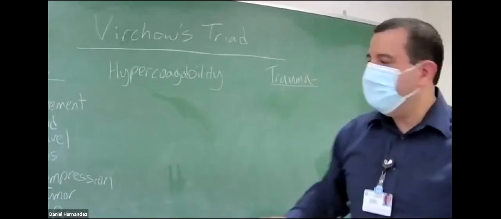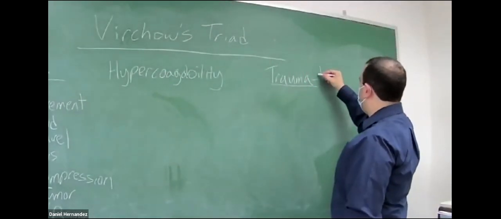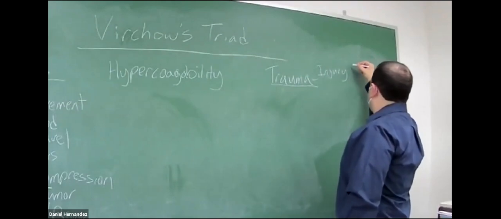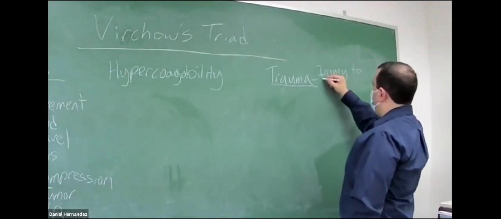So now I'm going to move over here to trauma. So trauma refers to injury to the endothelial, that inner lining of the vessel.